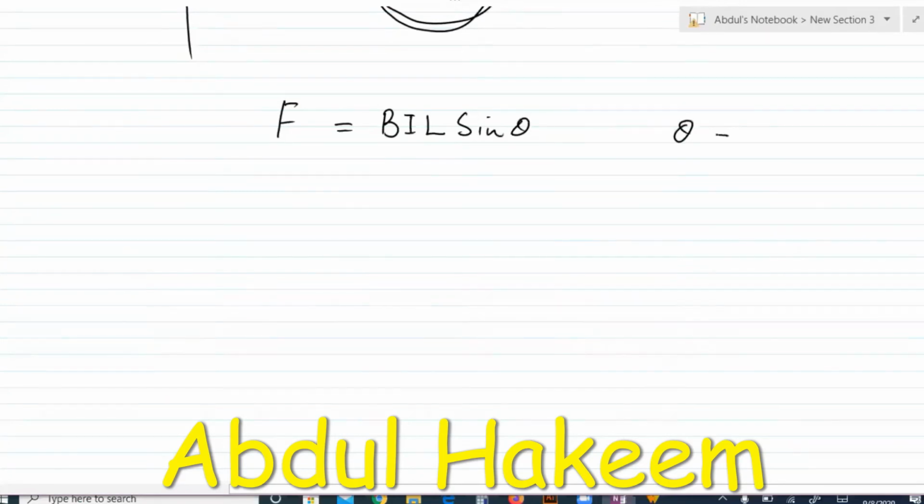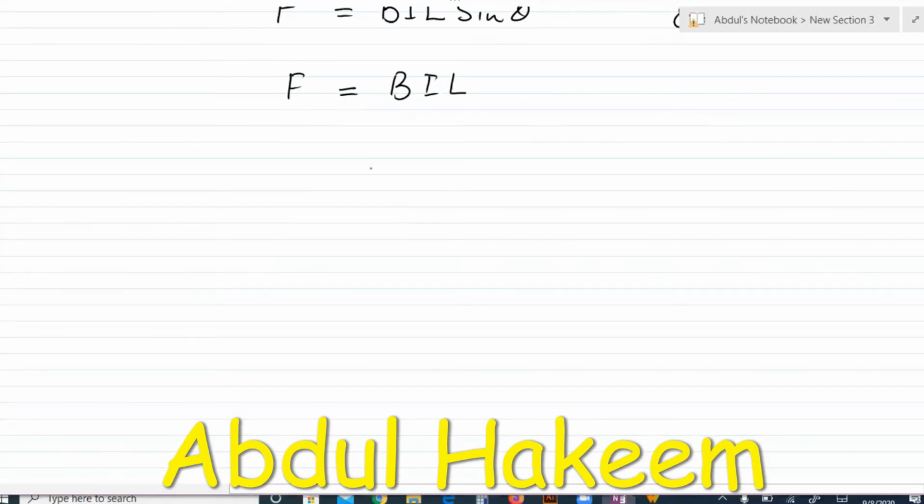When it is confirmed that theta is 90 degrees, then we can write F is equal to just BIL because sine 90 is 1. Now this formula can be written as B is equal to F over IL sine theta.